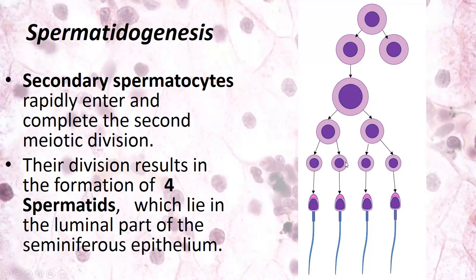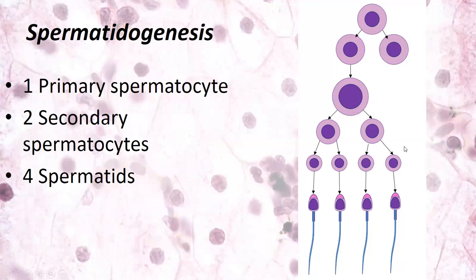So 4 small cells are formed from 2 secondary spermatocytes, which in turn were formed from 1 primary spermatocyte. Here we can see 2 secondary spermatocytes and 4 spermatids, which are the result of the second meiotic division. So 1 primary spermatocyte gives rise to 2 secondary spermatocytes, and they give rise to 4 spermatids.